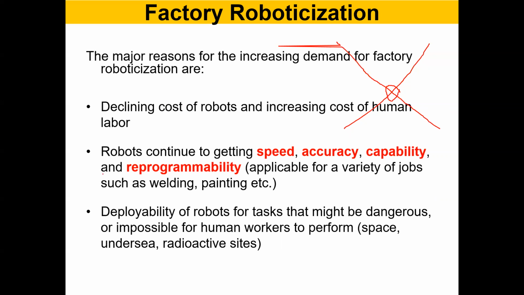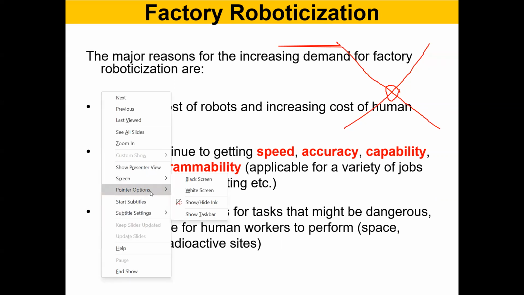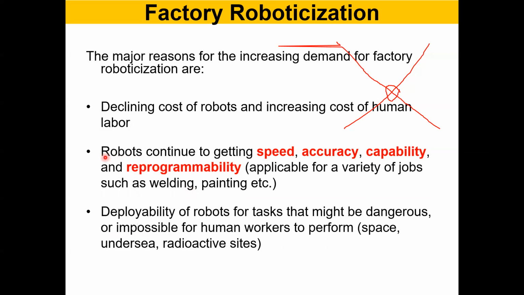Number two, second bullet, robots continue to gain speed, accuracy, capability, and reprogrammability. Again, if you compare present day robots with the robots that were there in the 70s, 80s, right? Present day robots are faster and more accurate and have a lot of capabilities and are also very flexible. Programming is easy.